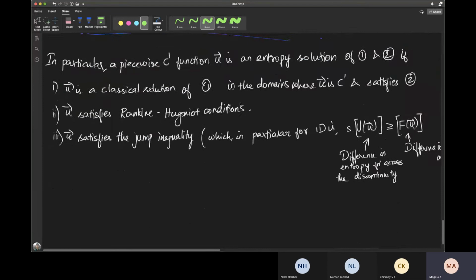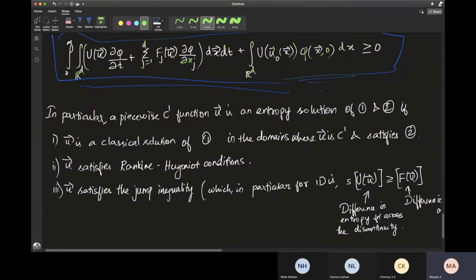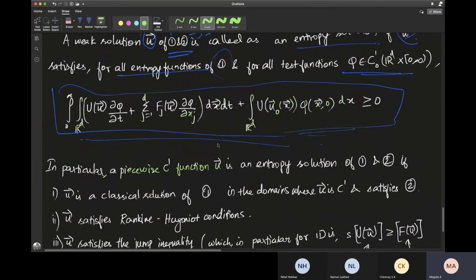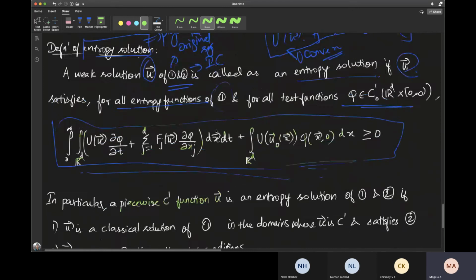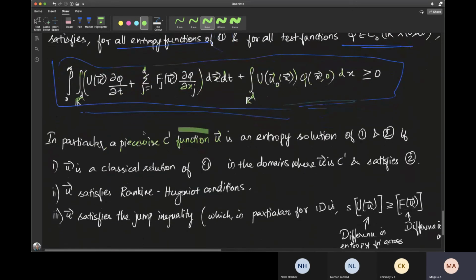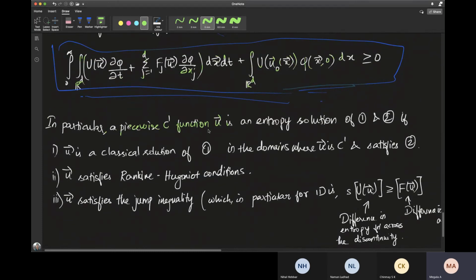So this is some inference. Next is some inference with respect to piecewise P1 functions. These are also weak solutions. These are some specific forms of weak solutions, right? A weak solution can in general be anything. But a piecewise P1 function of U vector, which is piecewise continuous, is also a weak solution.